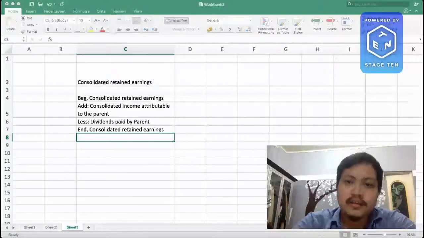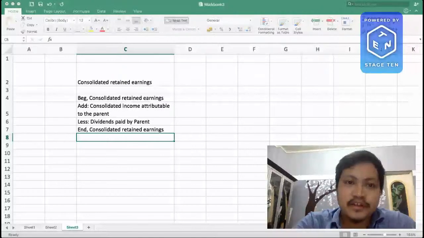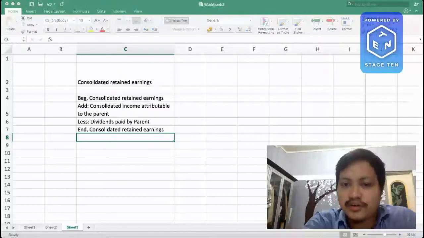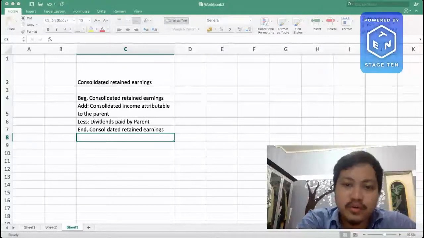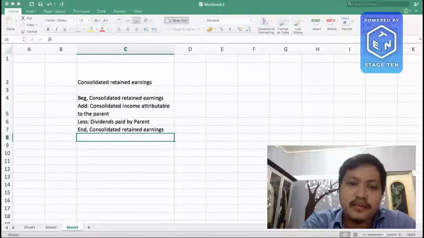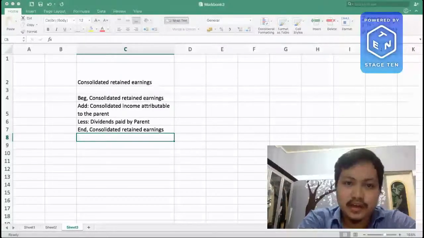Okay, then it's possible, class, that you would ask, I thought the difference between the retained earnings of the parent and the retained earnings of the consolidated entity is that the consolidated retained earnings would include the operations of the subsidiary. Then why are we only adding the consolidated income attributable to the parent?